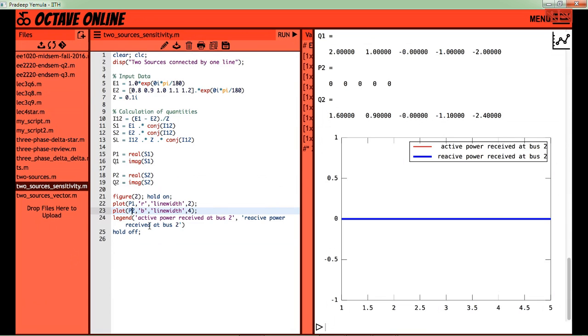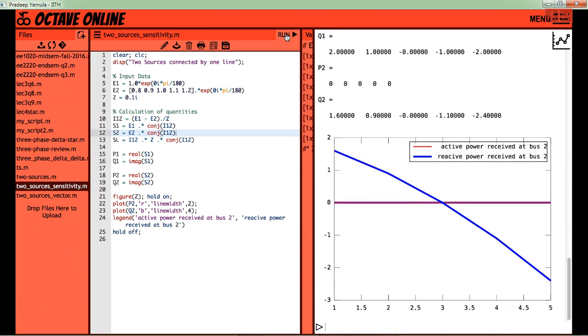So Q2, this one, and this is P2. Okay, so finally I got the figure.